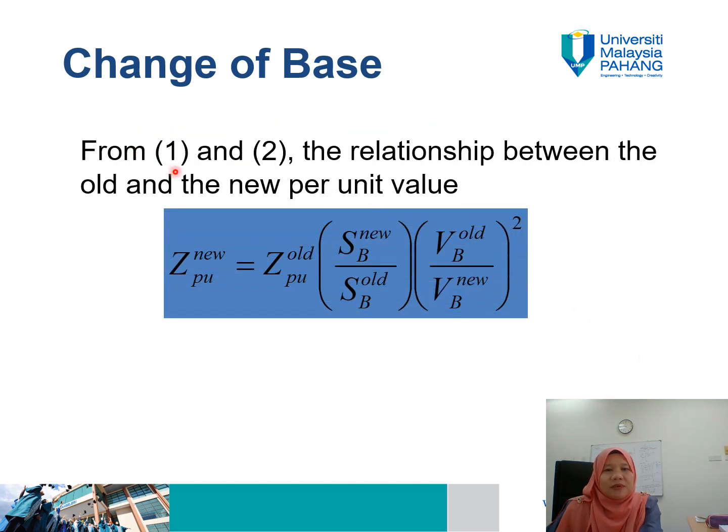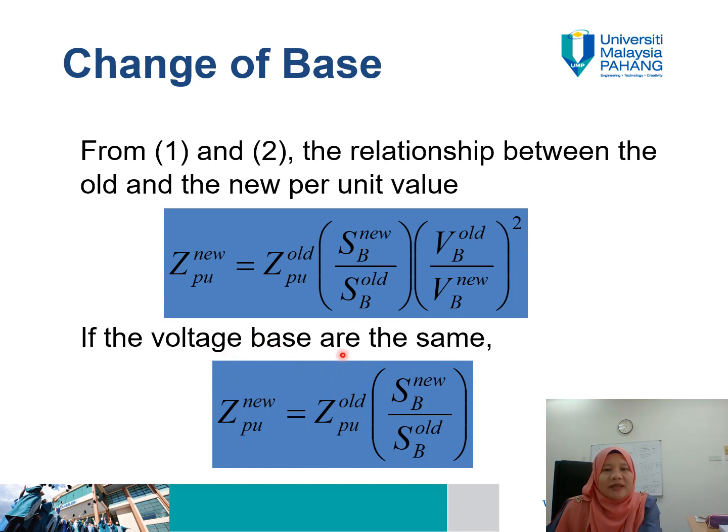From equation number 1 and equation number 2, the relationship between the old and the new per unit value can be obtained as the new per unit impedance equal to the old per unit impedance multiplied by the new base power divided by the old base power, multiplied by the old base voltage divided by the new base voltage, squared.